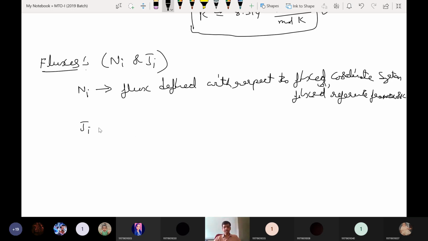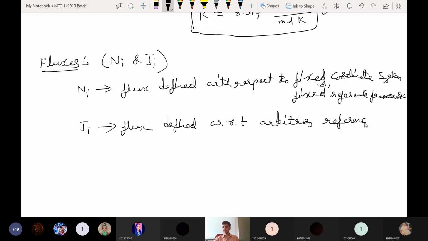Then Ji is a flux defined, I am writing a short form, with respect to an arbitrary reference framework. What is this arbitrary? What is this fixed? We will define. So arbitrary reference framework or arbitrary coordinate system.